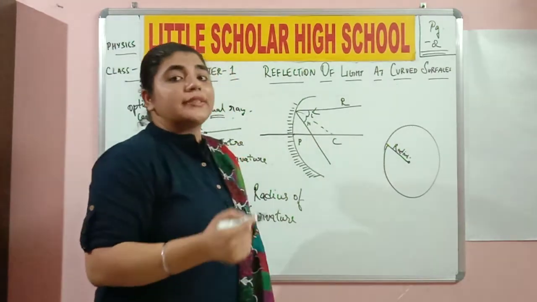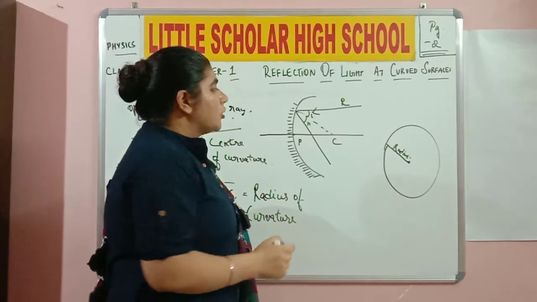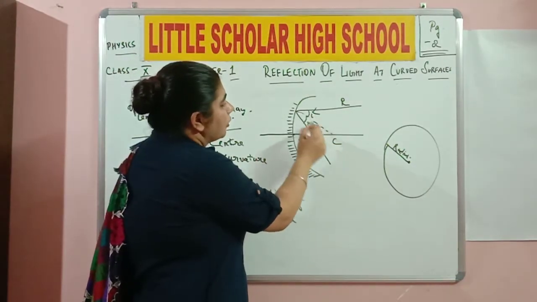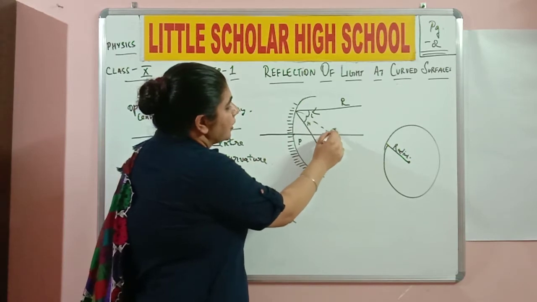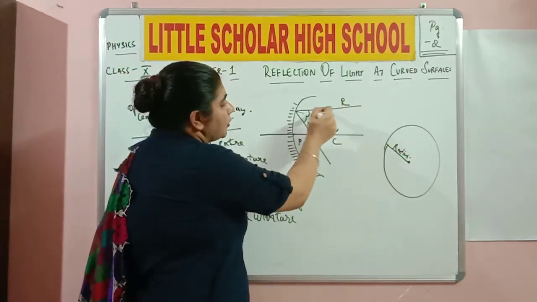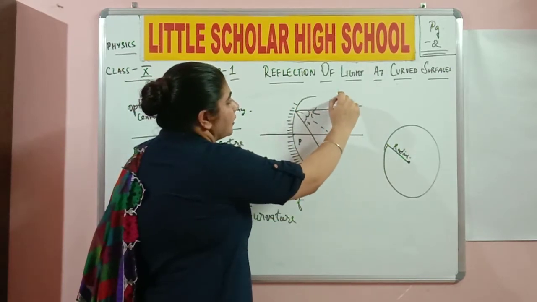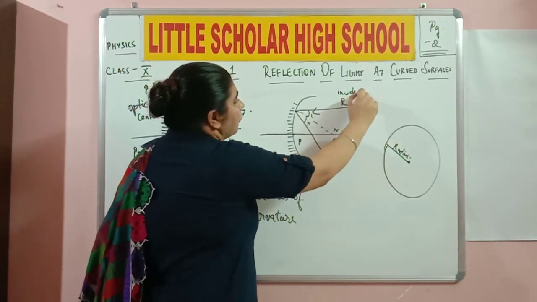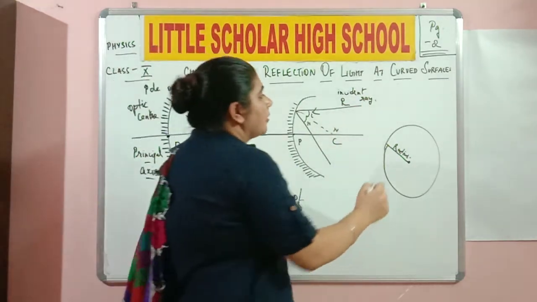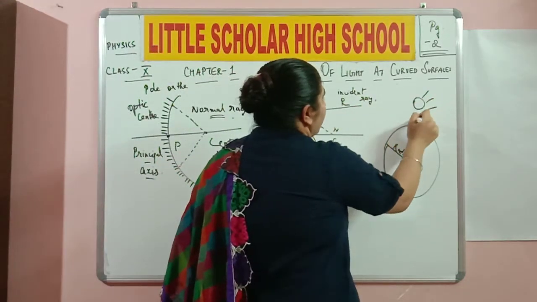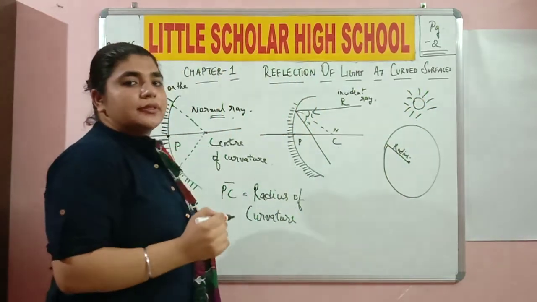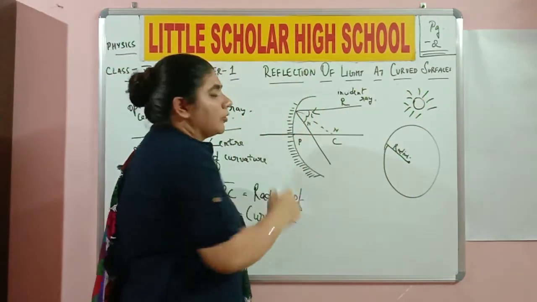So now moving on to the second diagram that I've drawn over here. Now that you know that P represents the pole, C is the center of curvature, this dotted line that you see here is nothing but the normal ray. Okay, the R that you see over here is nothing but the incident ray, which is coming from a certain source. So let our source be the sun. Yes or no? Now, can you calculate the distance between the sun and your mirror?